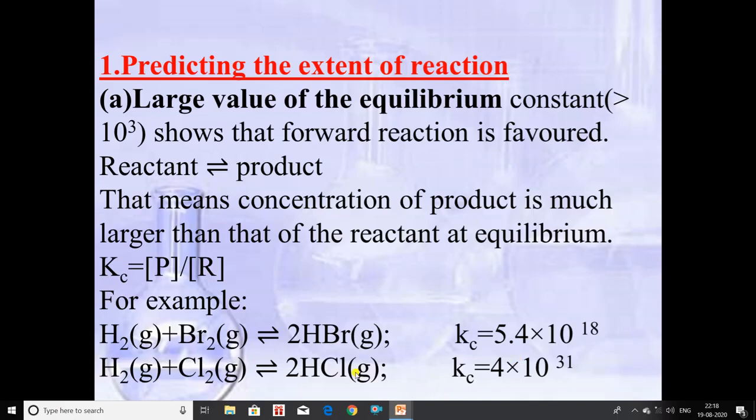In the same way, in this equation also, the value of Kc is 4 into 10 to the power 31. So it is more than 10 to the power 3. So this reaction favors the forward direction. Okay, so this is the first application: just by observing the value of Kc, we can predict whether the reaction is in forward direction or in backward direction.